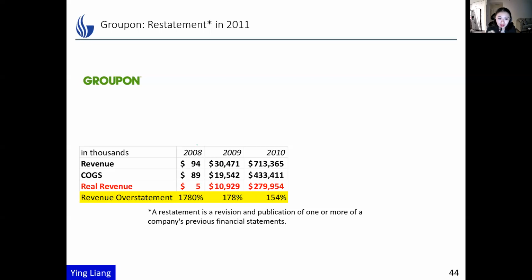But you see, when you compare the real revenue to the revenue they stated before, they were way overstating their revenues. Like in 2010, it's more than 150%. Unsurprisingly, after the revenue was restated from 713 to 279, the stock price of Groupon just plummeted.